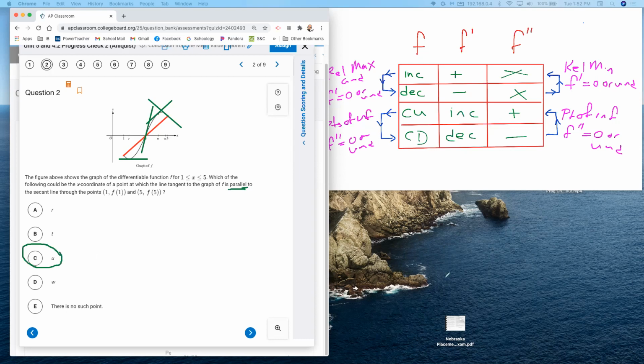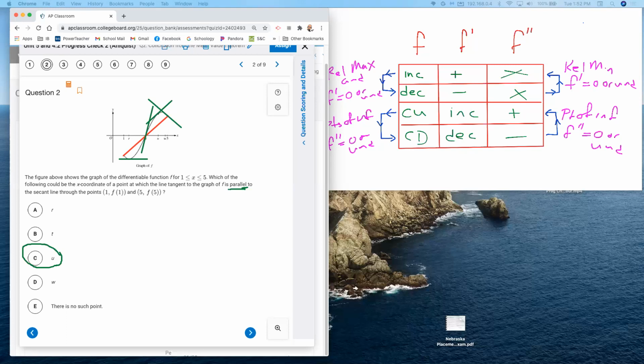Does that make sense? Does that answer your question? Hopefully. That's question number 2. So that's the idea behind the mean value theorem, that the slope of the line in between, the secant line, the red line, is equal to the derivative, which I think is, let's make sure I did that right.